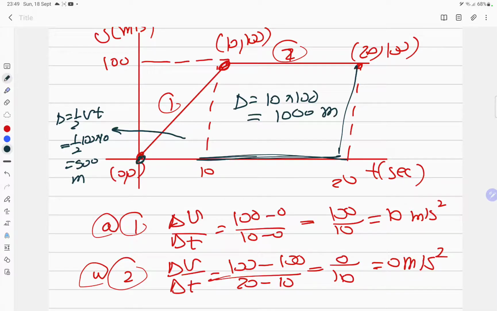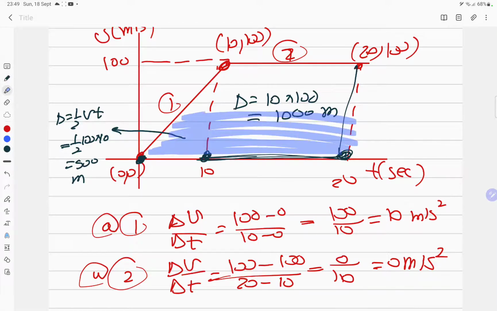So from 0 second to 10 second, it's 500 meter. From 10 second to 20 second, it's 1000 meter. But if I'm asking for the total displacement traveled, it means that I'm asking for the full graph, which is the trapezoid, as you can see here, all of this.